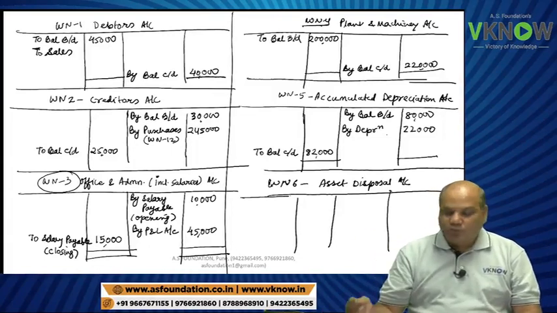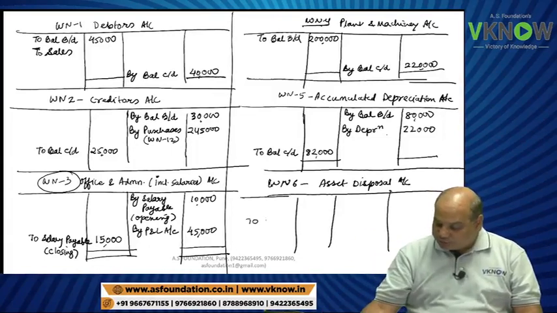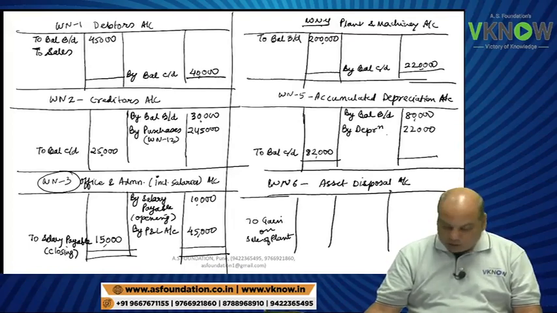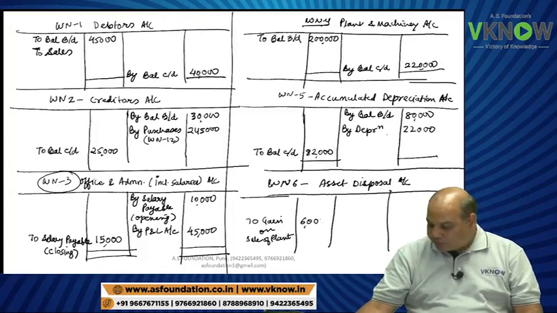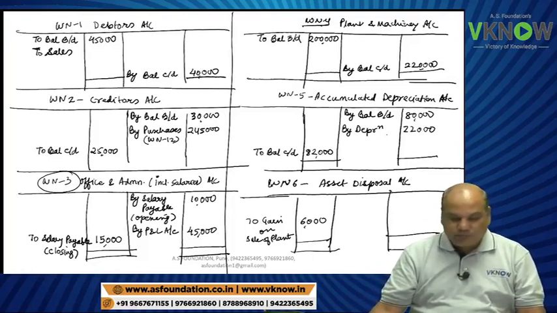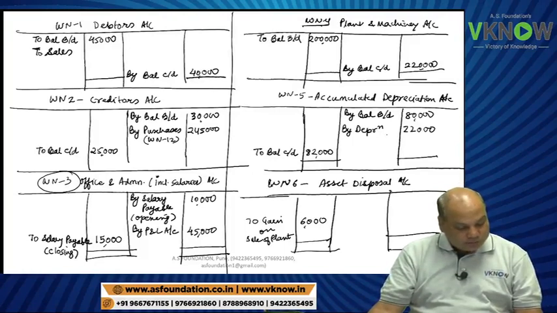Asset disposal account debit side to gain on sale of plant, second line, to gain on sale of plant 6,000. Any other presentation is also okay, right? Next line, total profit. This is not required.